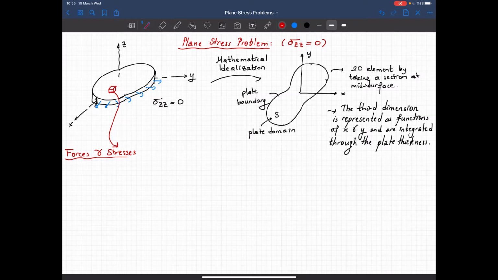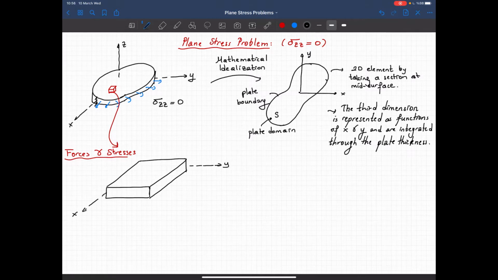So let's draw that infinitesimal element here. That's y, that's the x-axis.